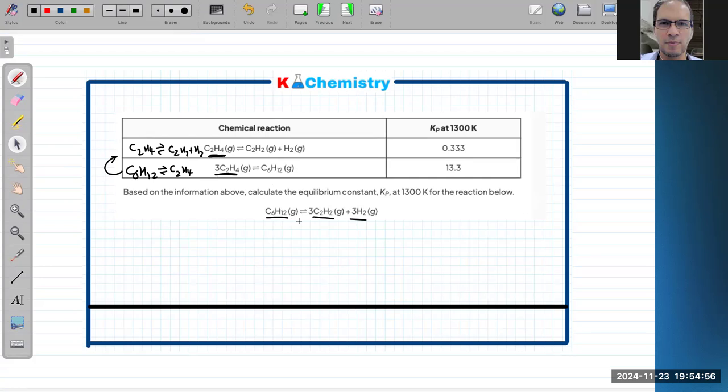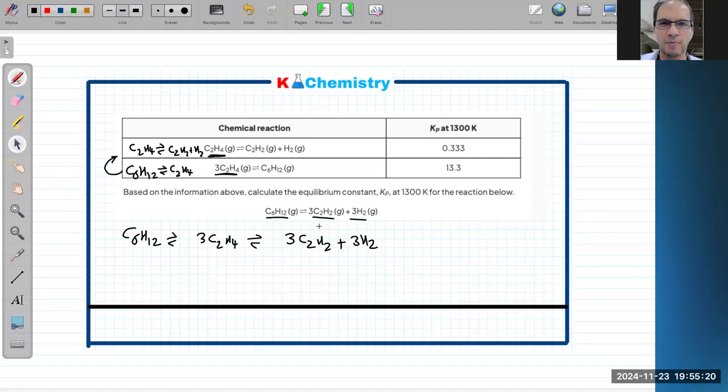So if you reverse this one, the C6H12 is going to give you 3C2H4, which is going to give you how many moles from this one? 3 from the C2H2 and 3 from the hydrogens. So now we have 3 moles of C2H2 and 3 moles of hydrogens on the product side.